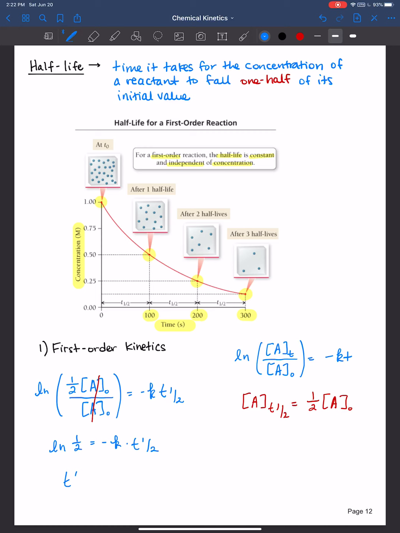And therefore the half-life is equal to, and the natural log of 1/2 is 0.693, over k.